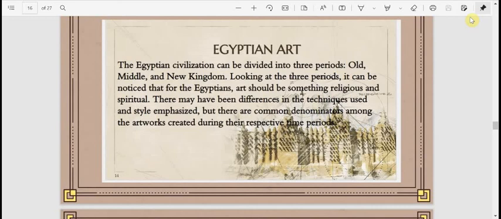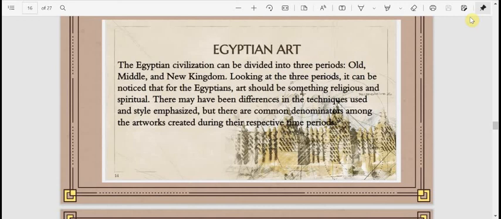Dito naman sa Egyptian art, sa Egyptian civilization, meron din tayong tatlong periods, which is the Old, Middle, and the New Kingdom. So, looking at the three periods, it can be noticed that for the Egyptians, art should be something religious and spiritual. So, mostly during this time, during their era, dito umikot yung kanilang, yung kultura ng kanilang art sa religious and spiritual. Ito yung purpose.